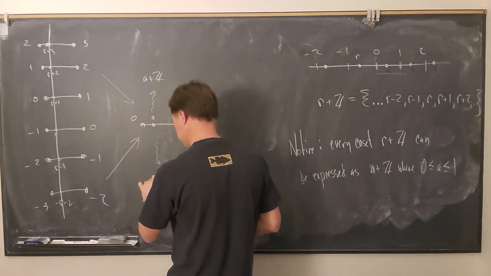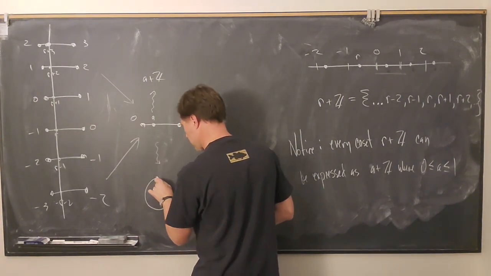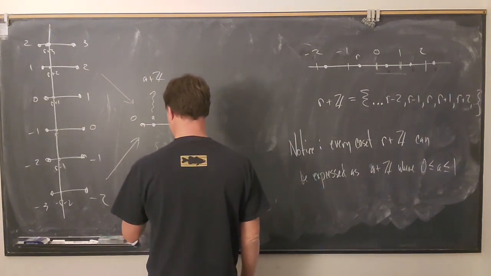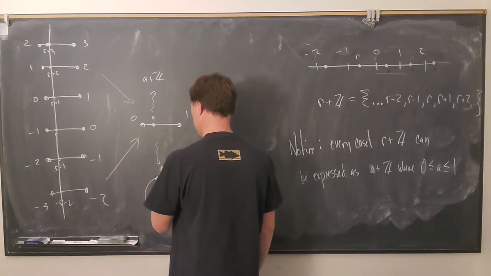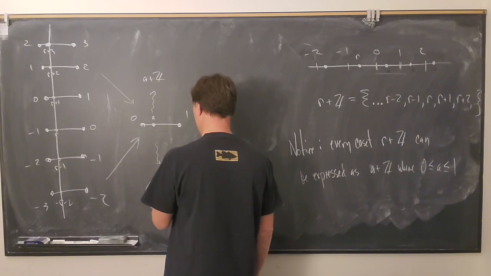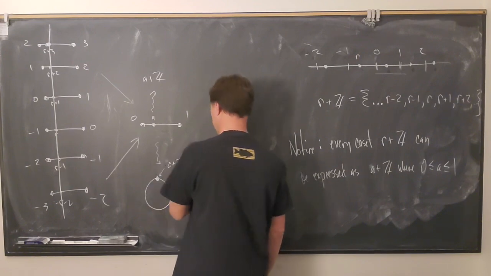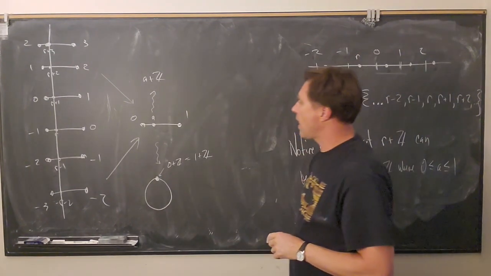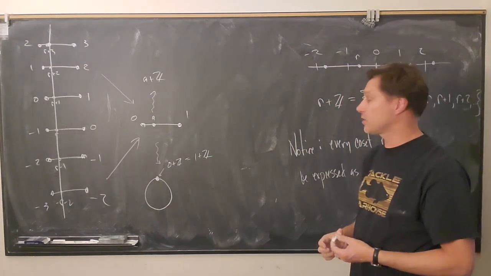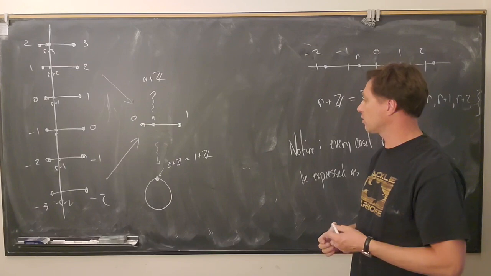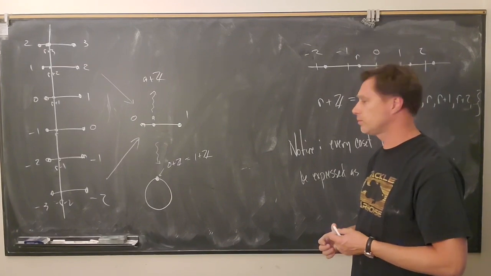We should make sure that they look the same. And so that coset right there is the 0 coset. This corresponds to 0 plus Z, which is the same as 1 plus Z. And so what we have then, now you can see that's where this idea that the shape of this coset is actually a circle, or that this quotient group is actually a circle.